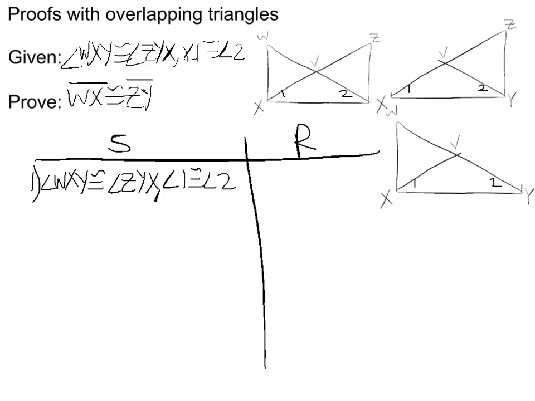Now, something that I asked you to always do after you've written your given information is to label what you know. So I'm going to take a red marker and I'm going to highlight angle WXY. So this angle is congruent to angle ZYX.